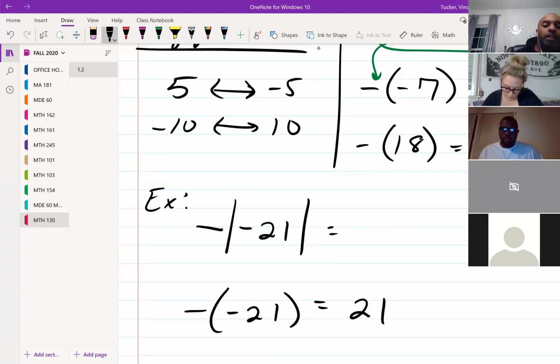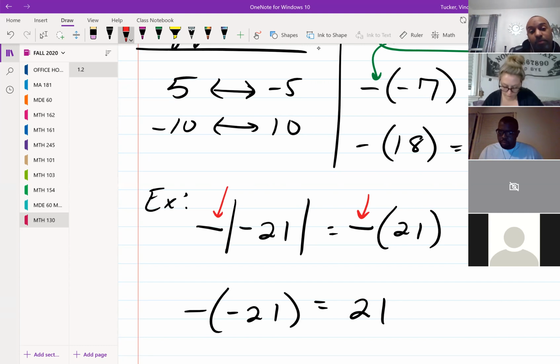But we just finished saying that when I have the absolute value of -21, the result is +21. But this negative on the outside of the absolute value is still there. So your result is going to be -21. That negative was not affected by the absolute value because it wasn't in the absolute value sign.